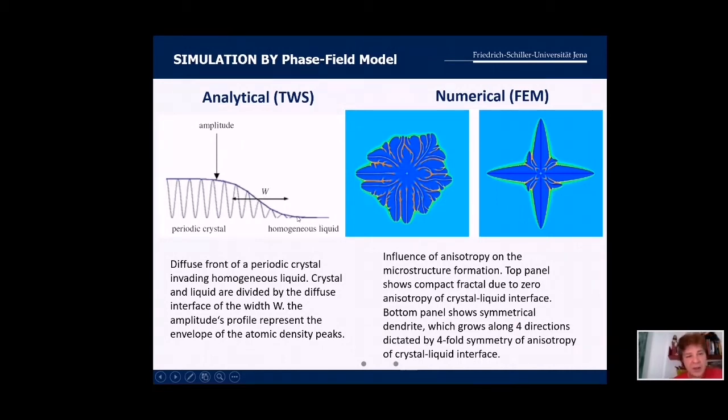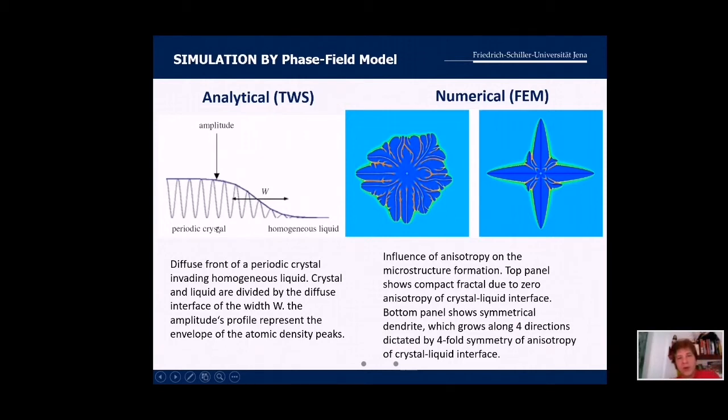This is the envelope, as I told you, of maxima for amplitudes of the atomic density field. Here we have the disordered state, and here we have the ordered state with the completely correct ordering rows for atoms.